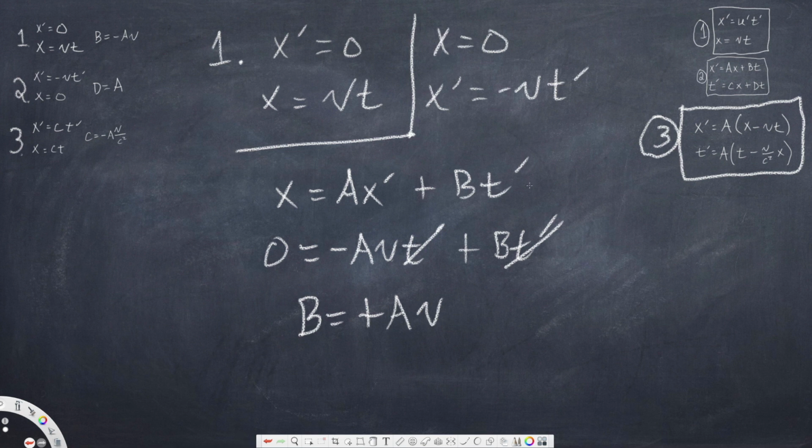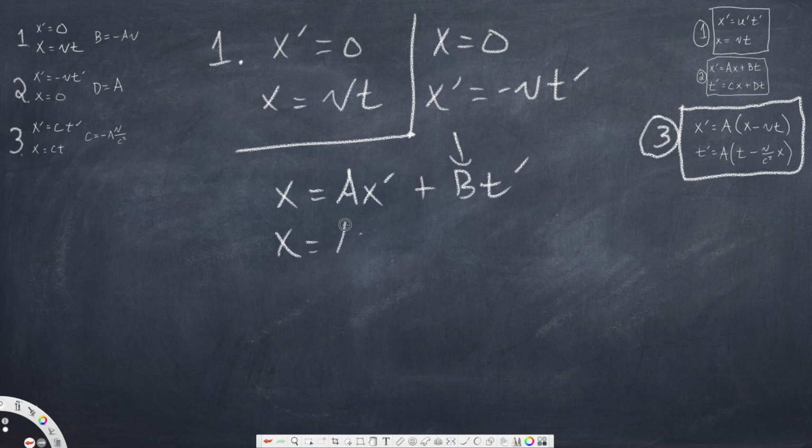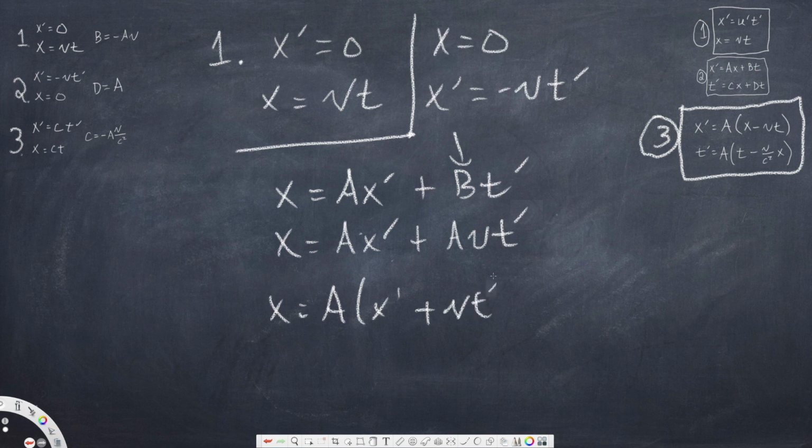In such a case, then, when we plug that back into here, x equals a x prime plus a v t prime, or we can say x equals a times x prime plus v t prime. If we solve for a, we would say that a is equal to x over x prime plus v t prime.